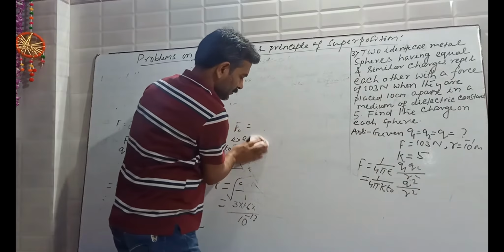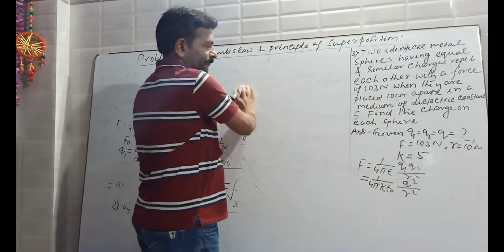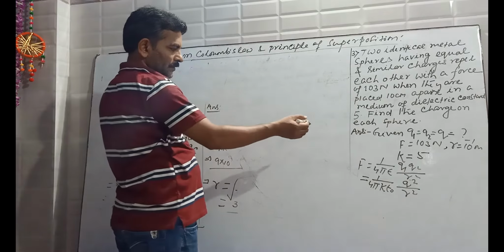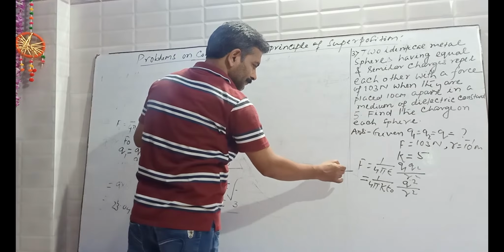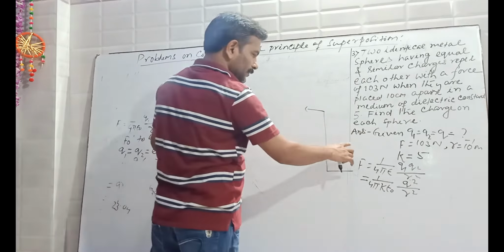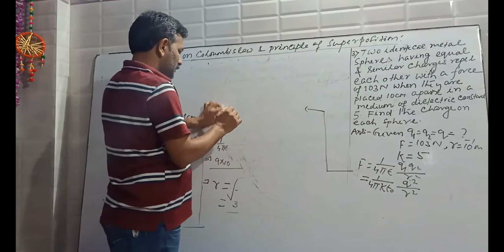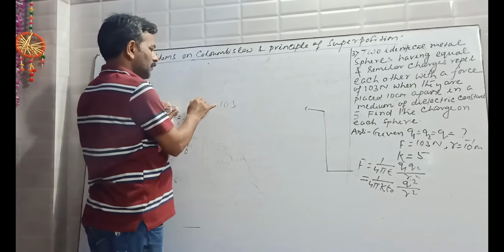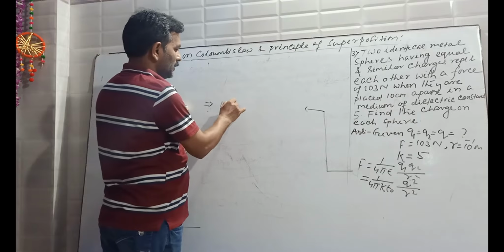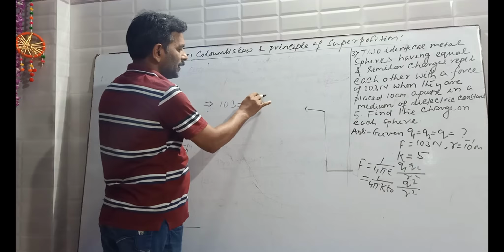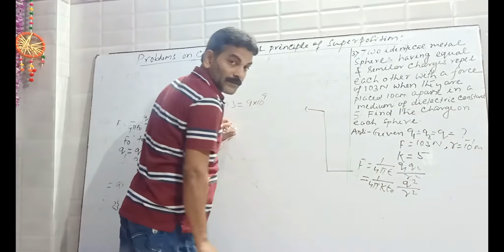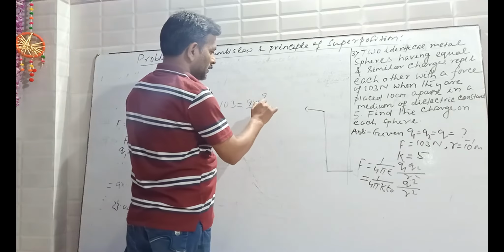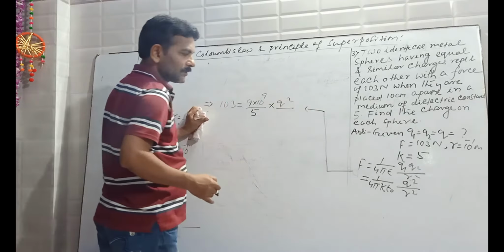The force is given. 10^3 Newton is equivalent to 9 into 10 to the power 9, value of 1 by 4 pi epsilon naught, by K. K is dielectric constant 5, into Q square by R square.